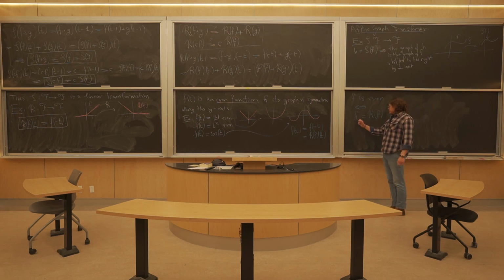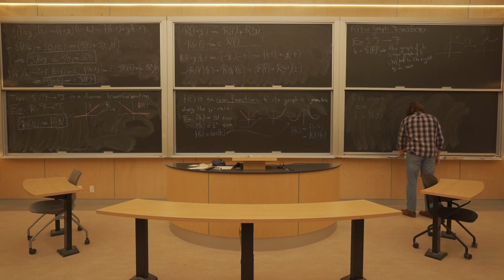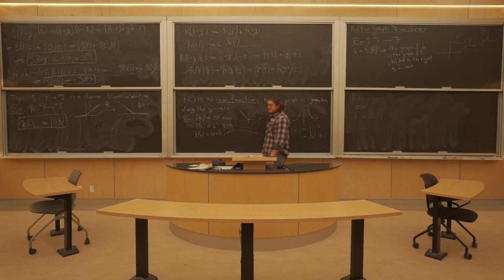I can go further. I can take this to the other side and say, really, the function f on the left-hand side is I times f, or I applied to f. There's an identity transformation that doesn't do anything.